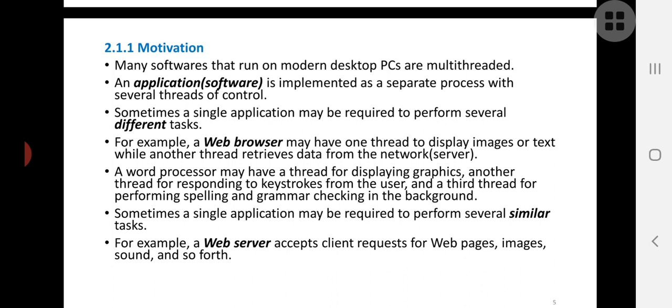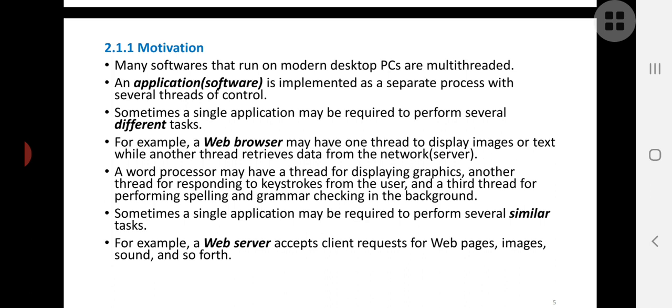For example, take a web browser, which is an application. In that web browser one thread is busy displaying the images or text coming from the server, another thread may be busy receiving the data from that server, and one more thread may be busy with some other task.